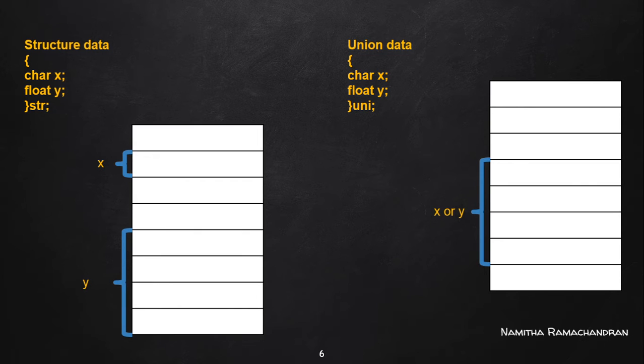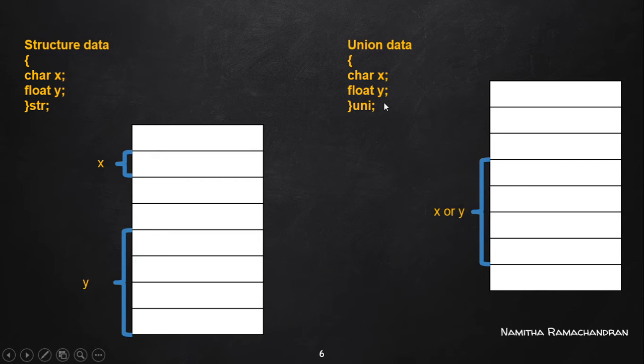From this example, it is clear that for storing this floating point type value, we need 4 consecutive bytes, and here it needs only a single byte. Right, the floating point number representation requires more memory space, so it is allotted that much memory space in the system memory. So that particular memory is shared by both x and y.